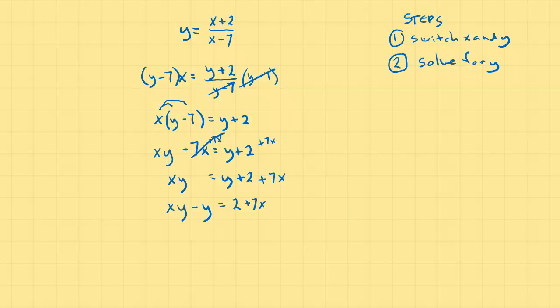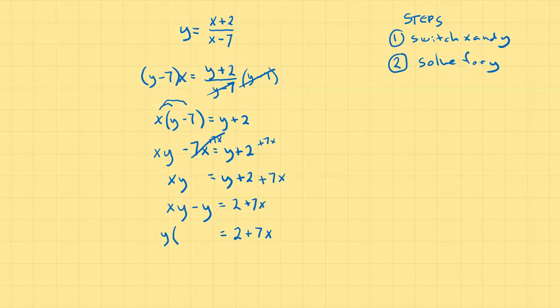Okay, so how are we going to solve for y? We have xy here, we have xy minus y. Well, you can factor. Okay, it's like the distributive property in reverse. So I'm going to put 2 plus 7x here, just get that out of the way. And you'll notice that a y factors out.